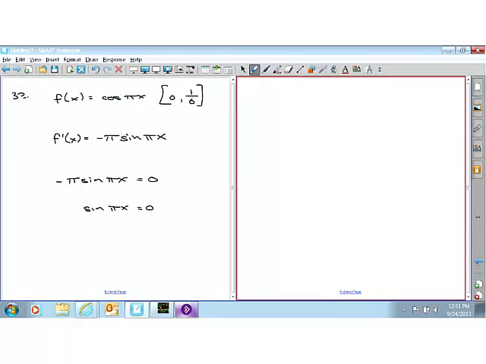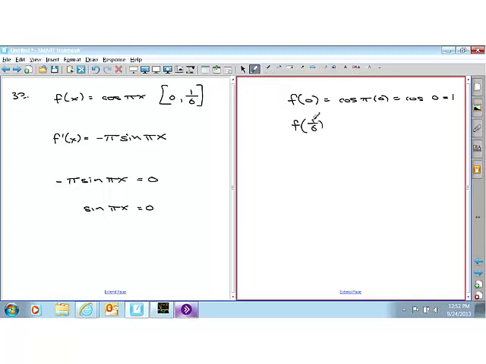So let's answer the first part of the problem. This goes to 0 at 0, but that's also the endpoint, so we don't really have to do it twice. So all we have to do is evaluate the original function at the endpoints. So you have the cosine of pi times 0.